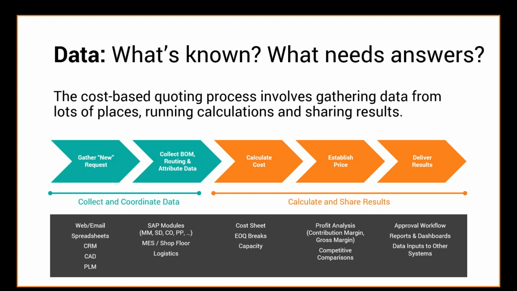Then they are passed on to the commercial teams or the commercial finance teams, where then these teams look specifically at pricing, how competitive are we, and that might result in another source, right? Another spreadsheet, another Access database, another tool, right? Where we then look specifically at profit analysis or contribution margin or gross margin analysis, or competitiveness across industry, across competitors, etc.